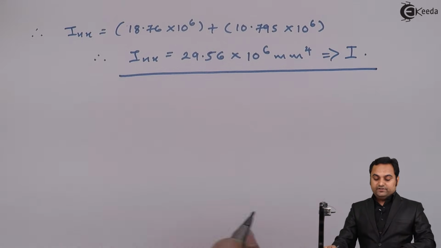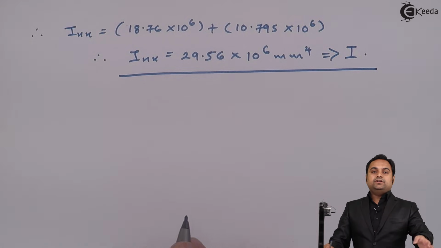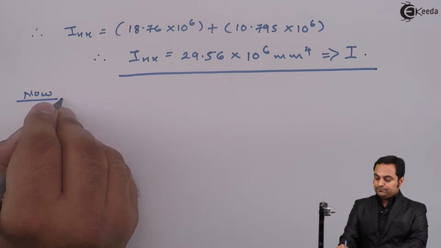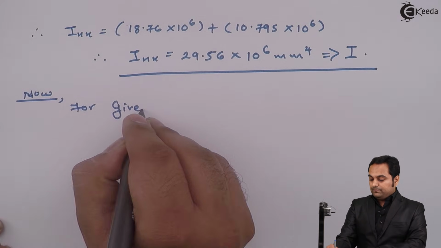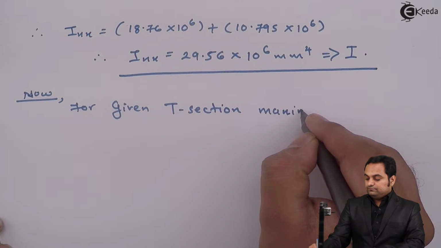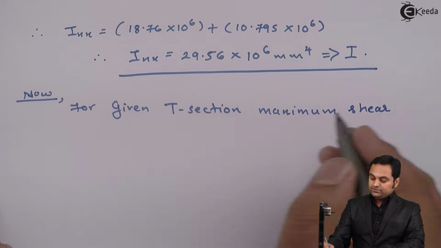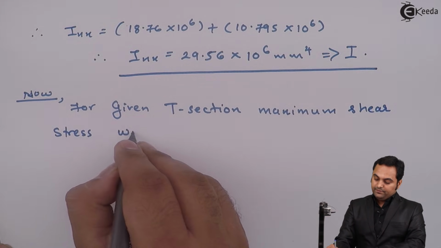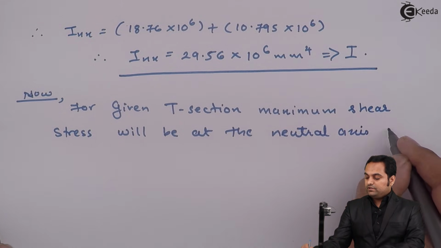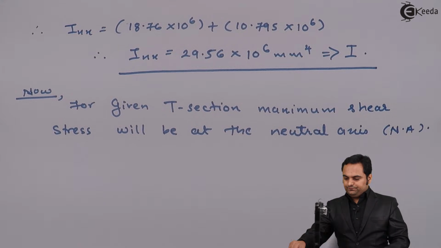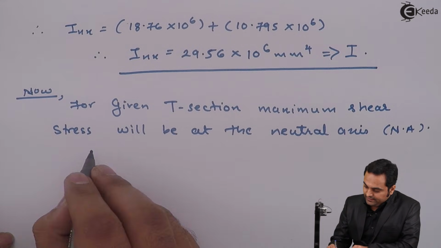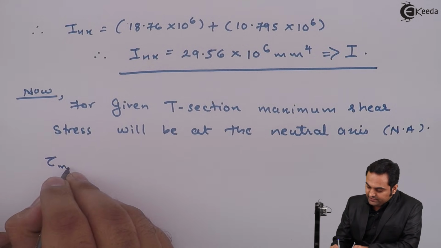Now after getting this, in the question it was mentioned to calculate maximum shear stress. So I'll say that for the given T section, maximum shear stress will be at the neutral axis, and that maximum shear stress is denoted by tau max.